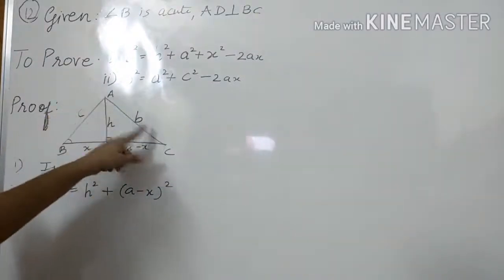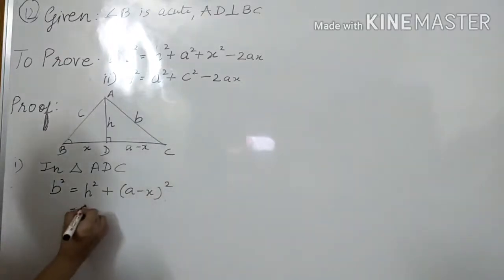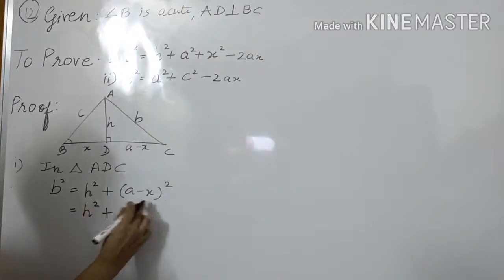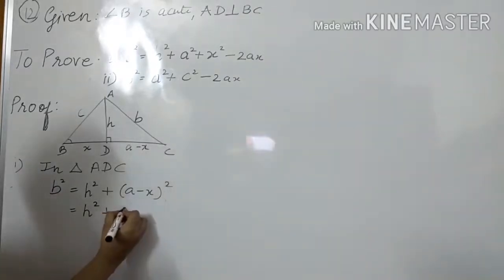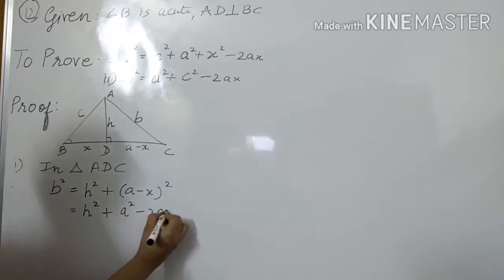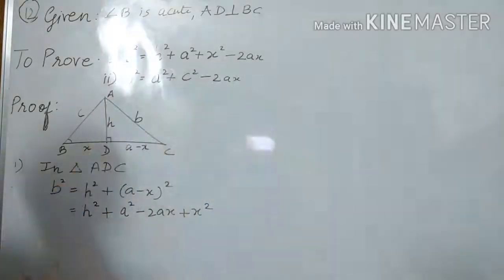Using the values only, students, this given value I am using here for writing Pythagoras theorem. So on the right hand side you see this is A minus X whole square, which we can expand by the A minus B whole square type of identity. So here I am expanding A square minus 2ax plus x square. So that is only what they asked to prove. So here the first part is already proved, students. So let us move on to the second part.